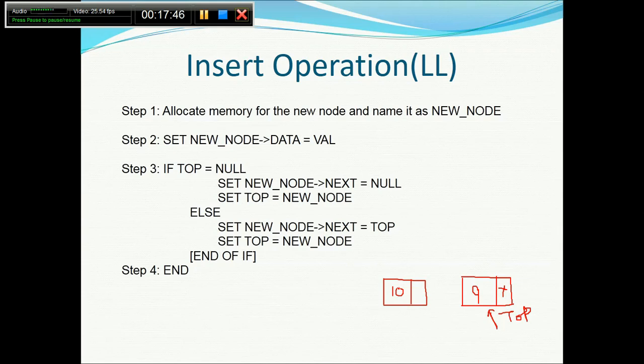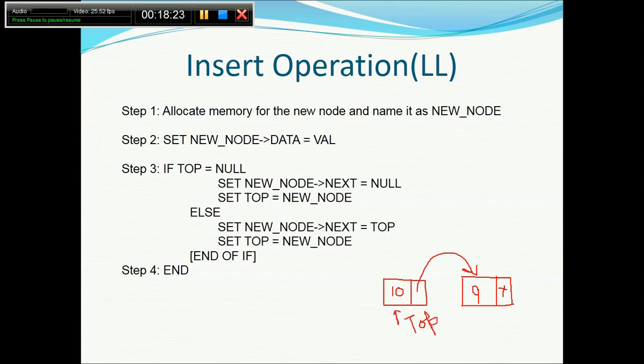Now it says if top is equal to null, but top is not null because it is pointing to this node, so the else part will execute. It says new node next is equal to top. So whatever node is pointed to by the top, copy the address of this node into here, so this will start pointing to this node. Now whatever the address of the new node, copy to the top. So the top will stop pointing here and will start pointing to this node.